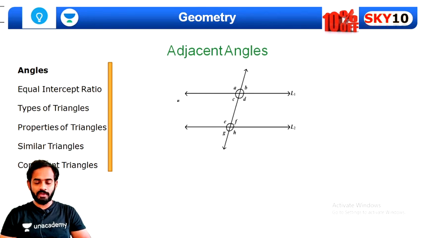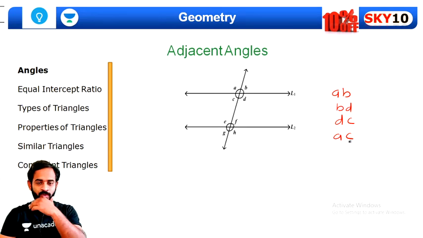Adjacent angles. Now adjacent angles, you can call them linear angles as well. So A and B, AB and BD, then DC and AC. These are four pairs of adjacent angles or linear angles over here.